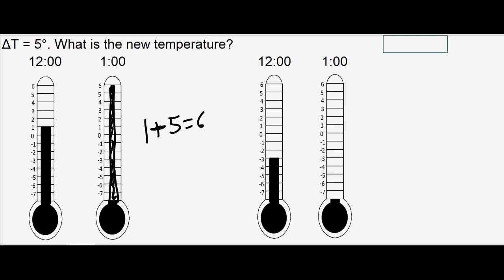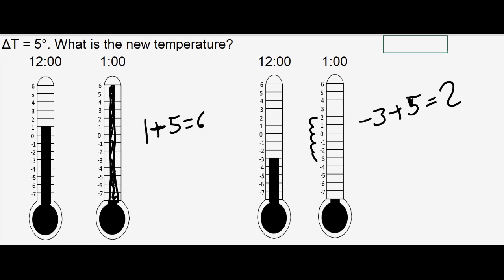No big deal there. But if the temperature goes up 2, 3, 4, 5 degrees here, I start at negative 3, I add 5, I end up at 2. So when we have a negative and a positive, we add them together.